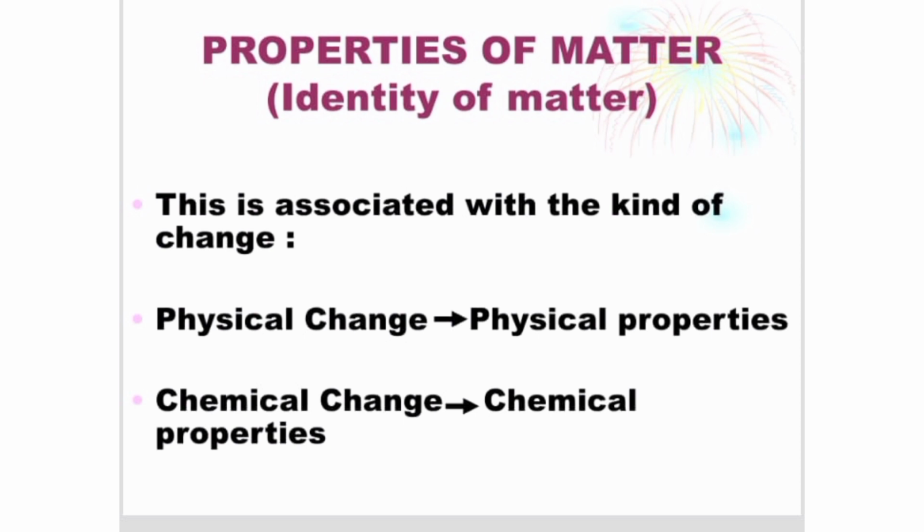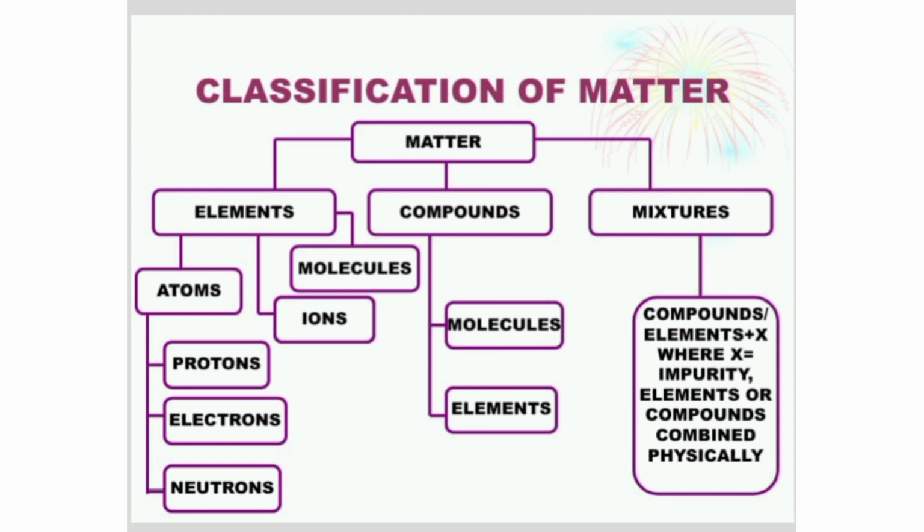And also, we talk about the melting point of solids, the freezing point of liquids, and we also talk about the rusting of iron, a chemical property of iron metal, the magnetization of iron. All these are associated with the changes they undergo.